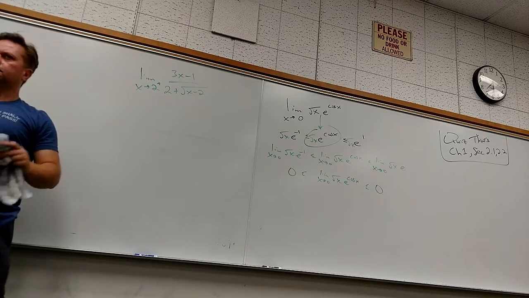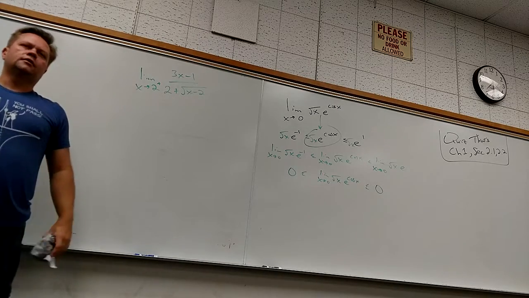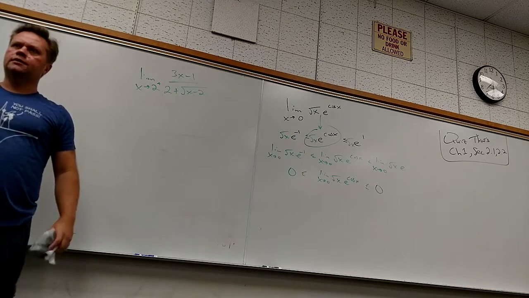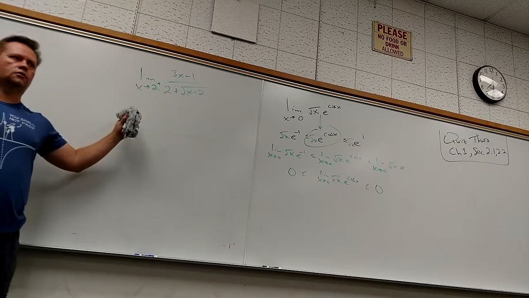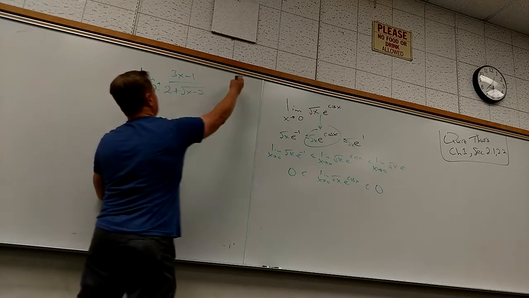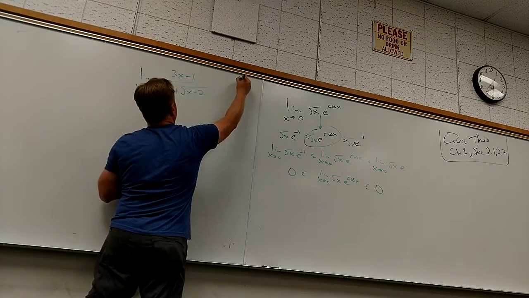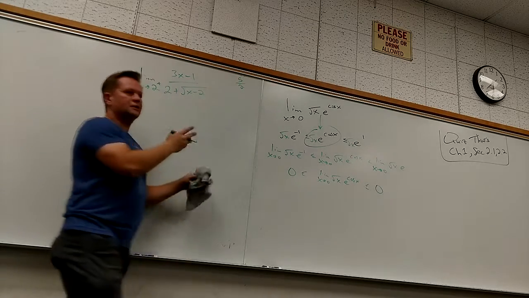And of course, the mistake people would make is they start doing conjugate business. Why is that completely unnecessary? Is this indeterminate? No, it isn't. Right? What do you get on the top when you plug a 2 in? 5. And what do you get on the bottom when you put a 2 in? 2. Okay, so that's it.